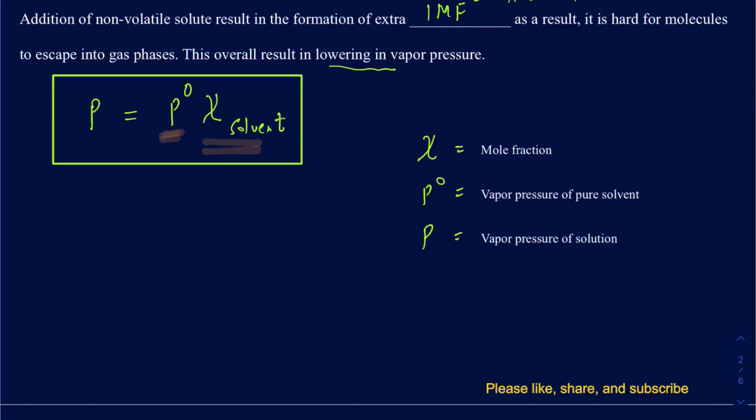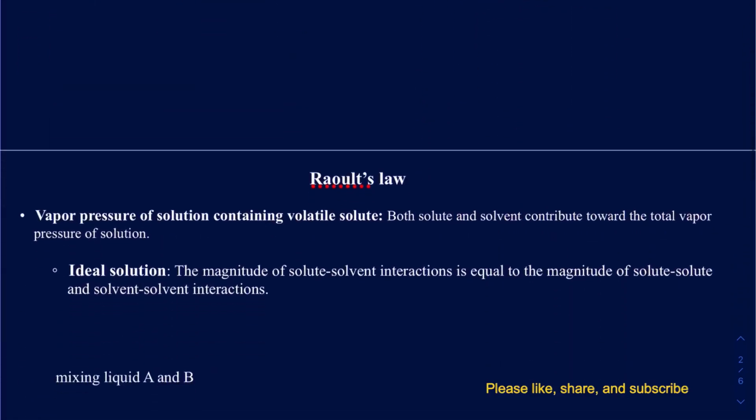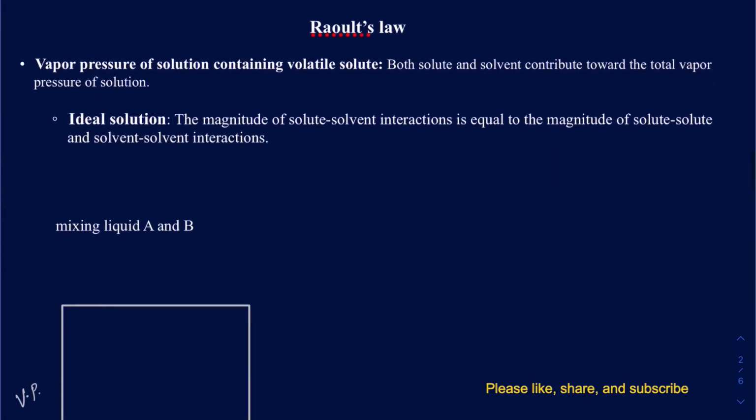Now, that was just for a solute that's non-volatile, but what if you deal with a solute that's actually volatile? That would happen typically when you have two liquids being mixed up, like alcohol mixing with water. In those cases, one of them will be the solute and the other one will be the solvent.